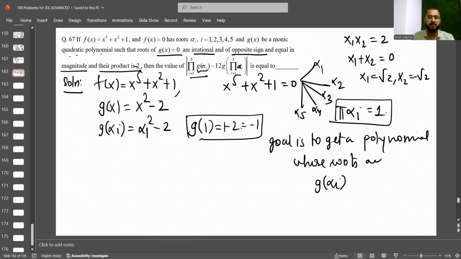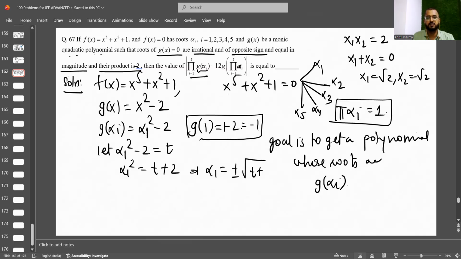So for this thing, what we will do, we'll take alpha I square minus 2 is equal to some t. So my alpha I square will be t plus 2. So that means alpha I is going to be plus or minus square root of t plus 2. Now alpha I satisfies this polynomial, so we can plug in here.